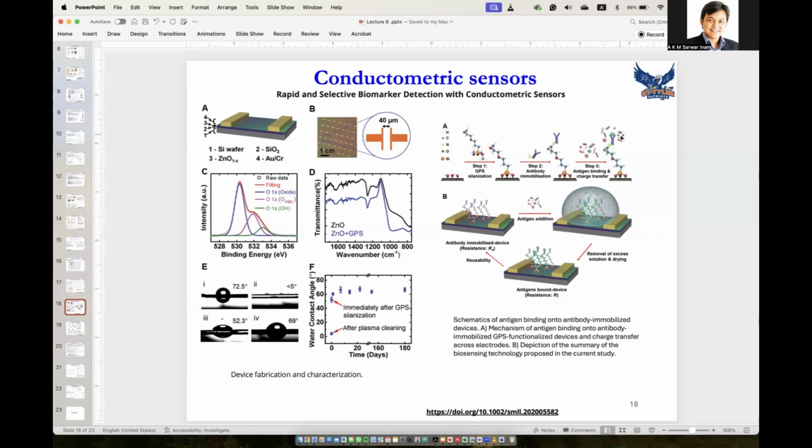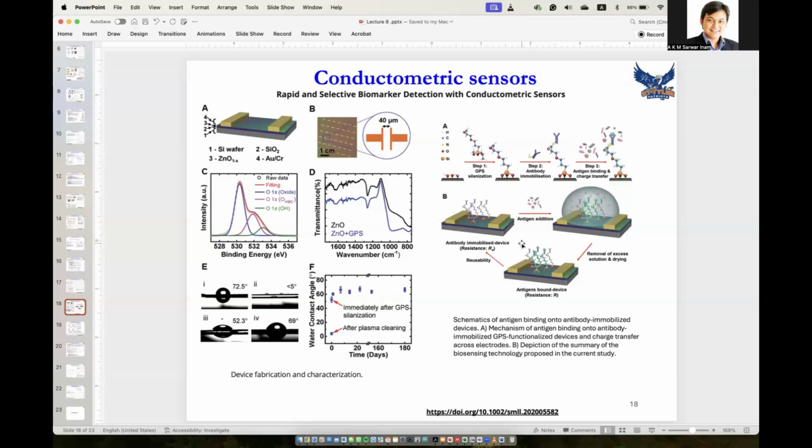And then step three is the antigen binding. So antigen means the IL-6 and CRP, those are the antigens here. They are binding to the antibody. And here also antigen addition. This figure is the summary of the biomarker sensing technique proposed in this study.